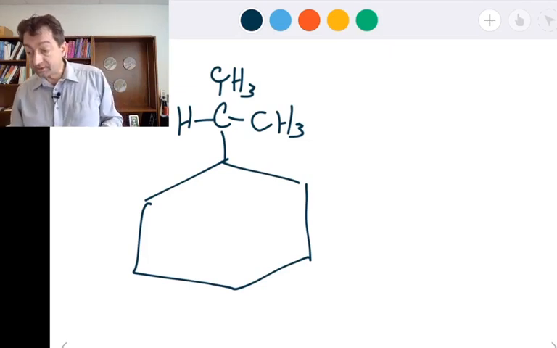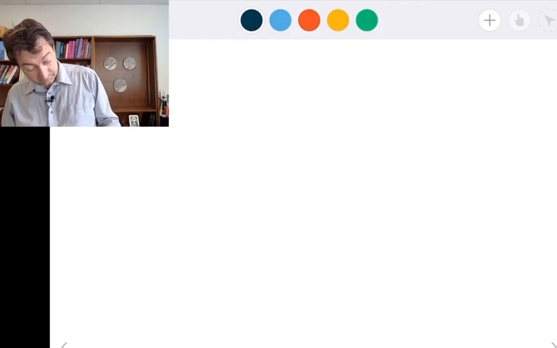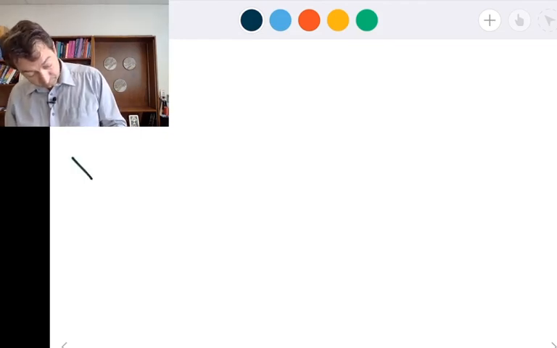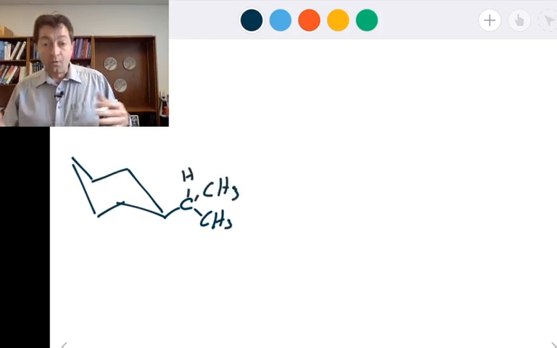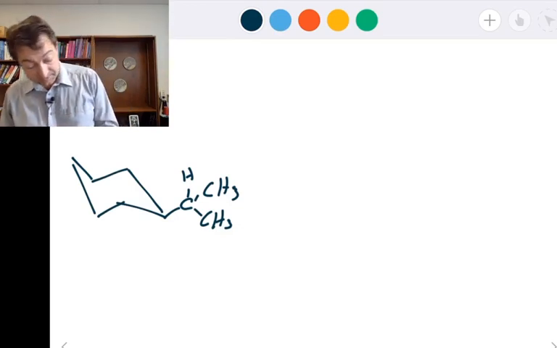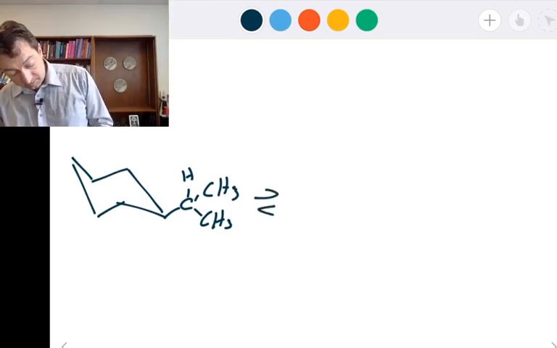And we can now draw the chairs. Again, one of the chairs where it's sticking out in the equatorial position. My equatorial or equilibrium arrows.